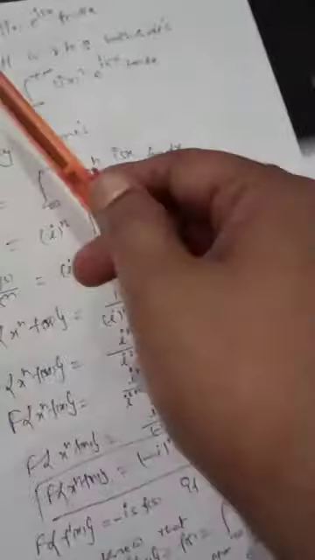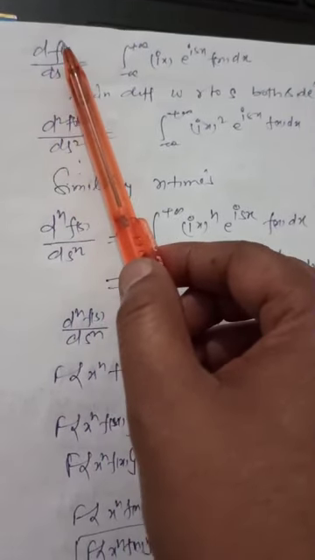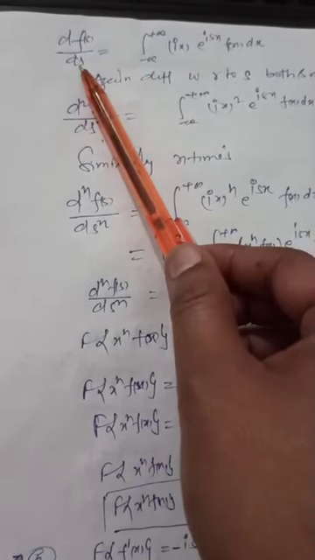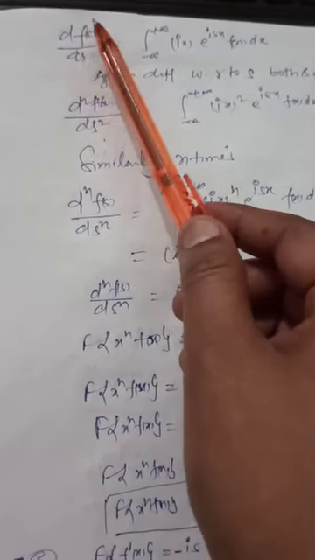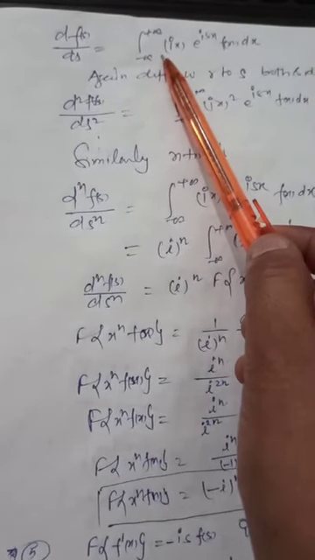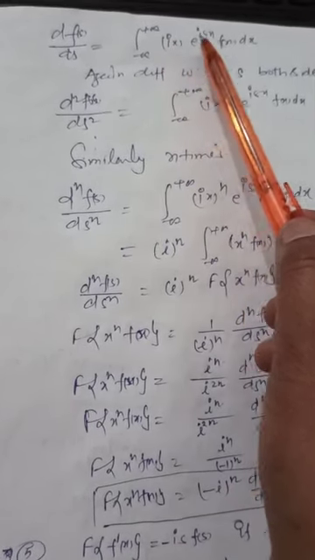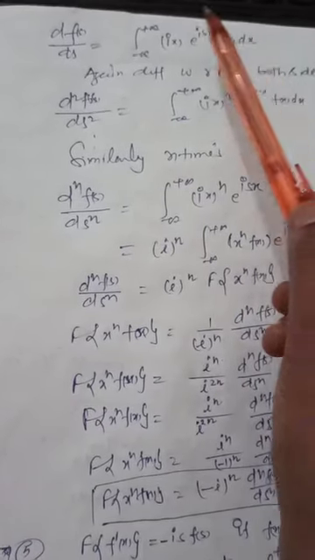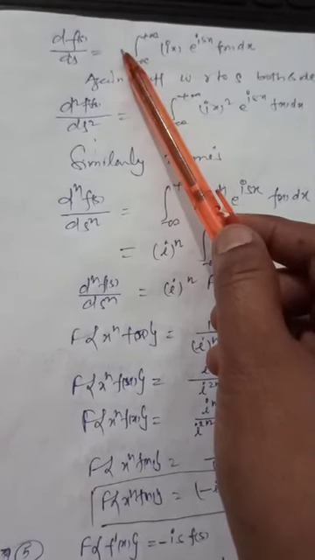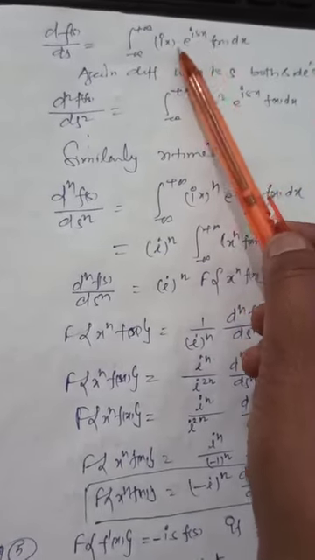We get dF(s)/ds equal to the integral from minus infinity to plus infinity. Here the differentiation goes inside the integral. The integral is with respect to x and the differentiation is with respect to s, so d over ds goes inside and differentiates only the s functions.